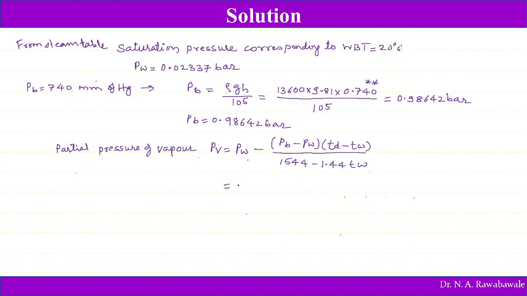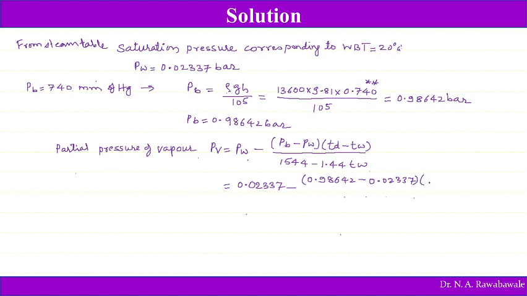PW we know that is 0.02337, minus PB which is 0.98642 minus PW which is 0.02337, into TD minus TW.